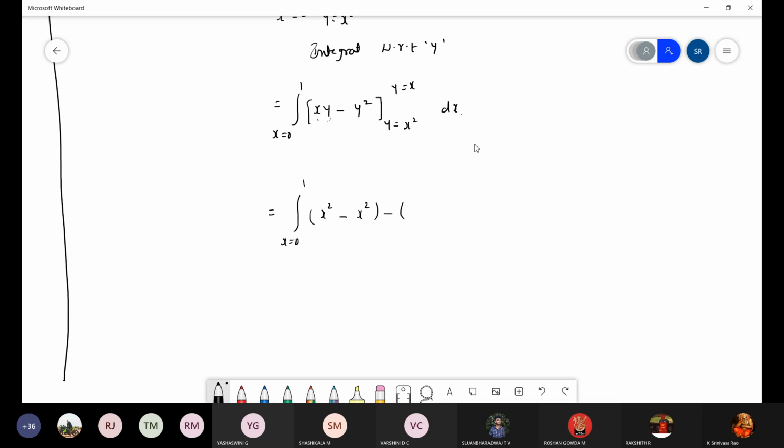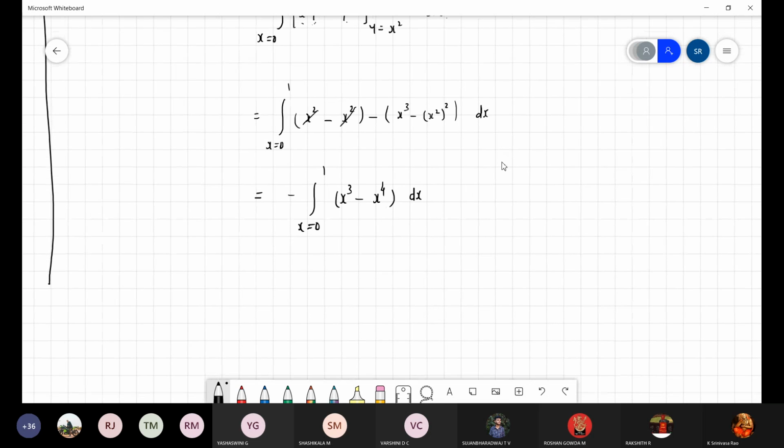When I substitute x square here, x square into x gives x cube, minus x square whole square, dx. This x square cancels to 0, so negative sign, so this gives minus, I will write outside the integration, x equals 0 to 1. What is left? First term x cube minus second term x power 4, dx, and finally integrate with respect to x now.